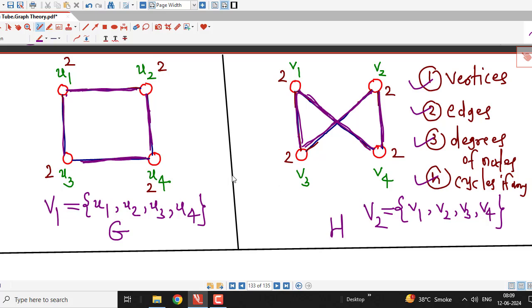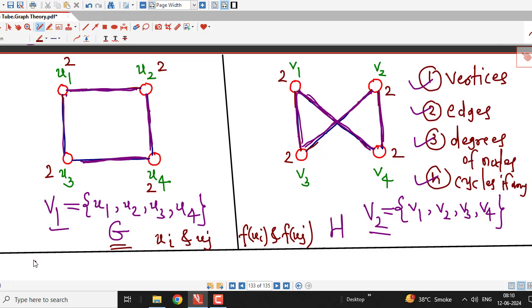For that we have to establish the existence of a function from G to H which is an isomorphism and satisfies the property: if ui and uj are adjacent in G, then their images f of ui and f of uj must be adjacent in H. But these properties will help us to construct that mapping from G to H.